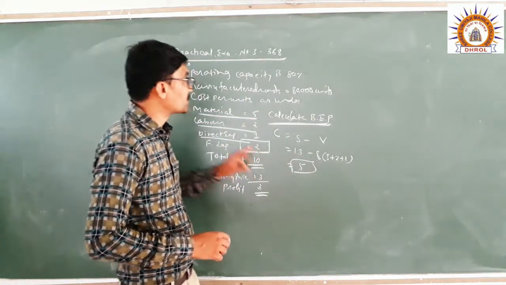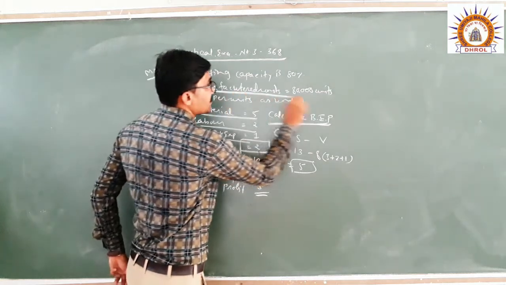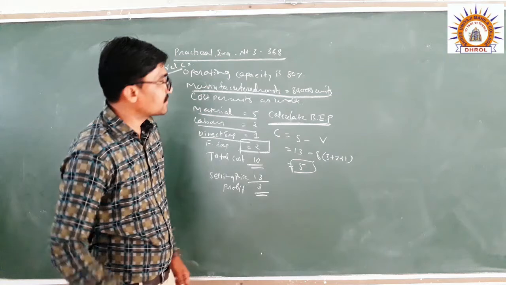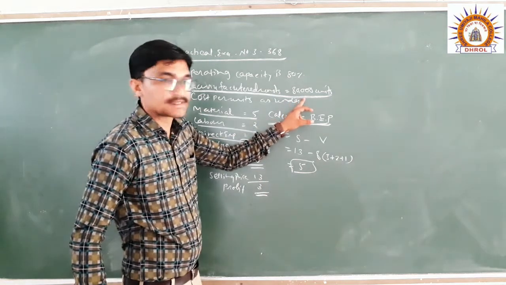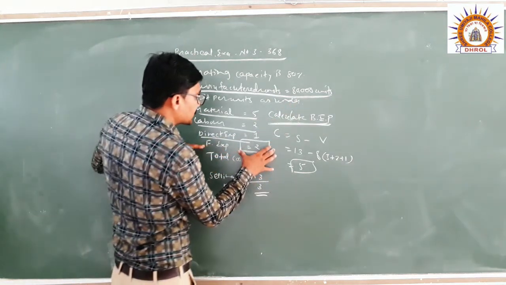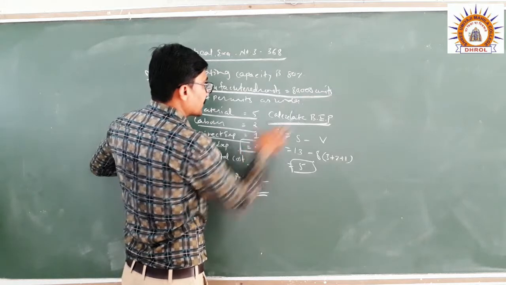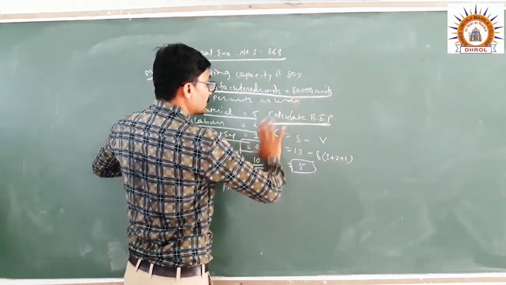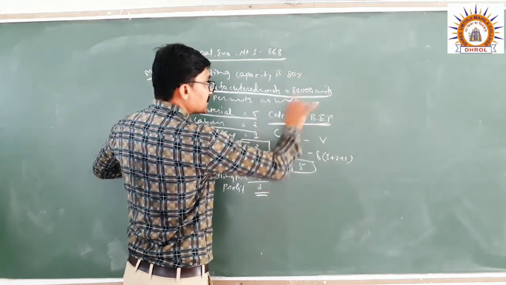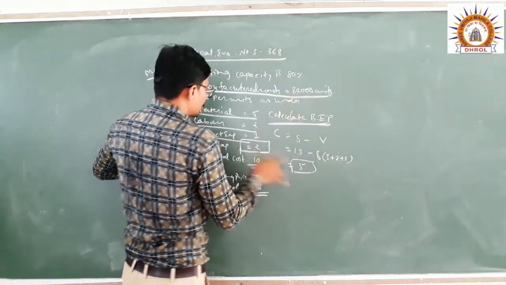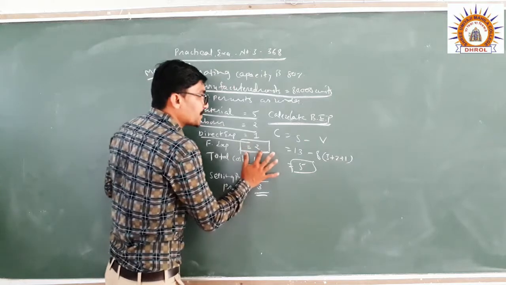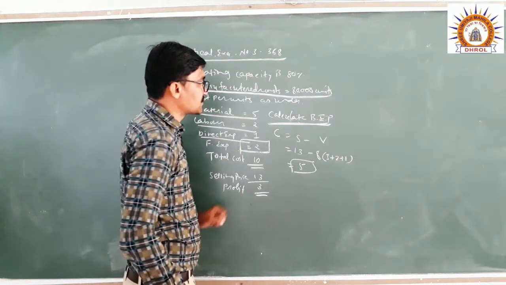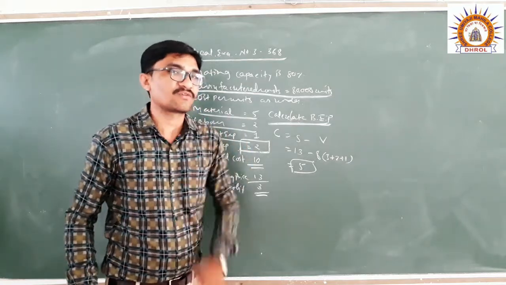The company manufactured 80,000 units, so you should multiply 80,000 by 2. So you get the total fixed cost in terms of rupees, which is 1,60,000.